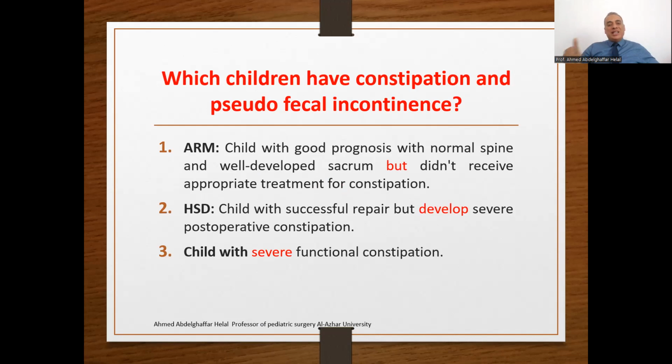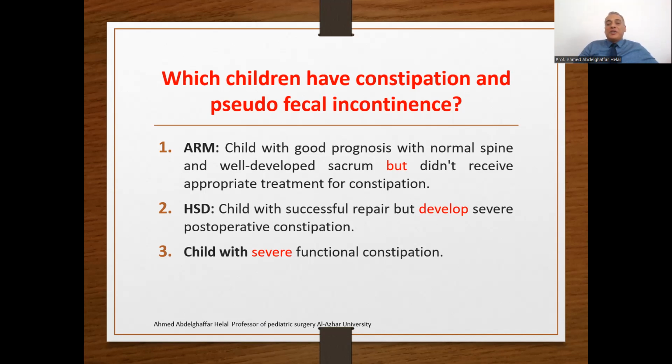Anorectal malformation, yes. A child with good prognosis, normal spine, well-developed sacrum, but who didn't receive appropriate treatment for constipation. This is the importance of follow-up for these children after surgery, not leaving them to develop severe constipation and come to you with fecal soiling.